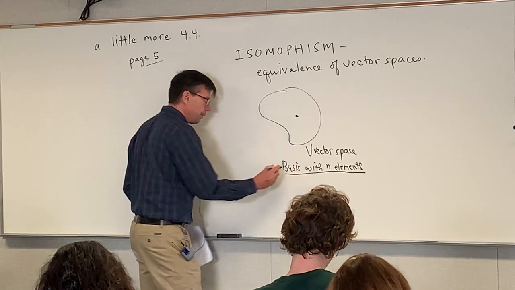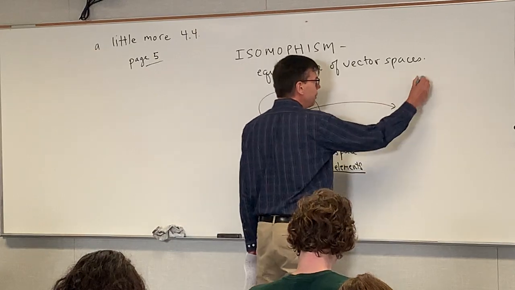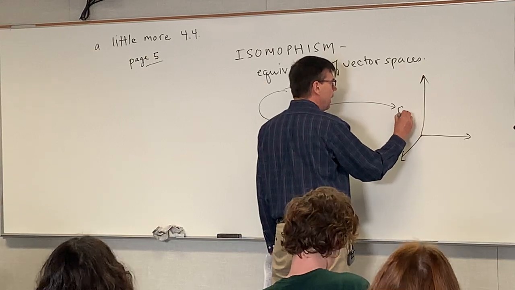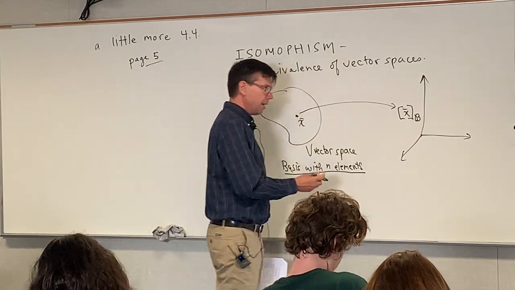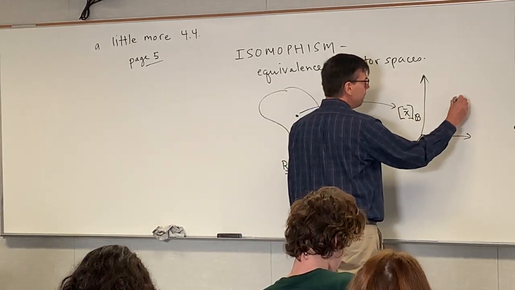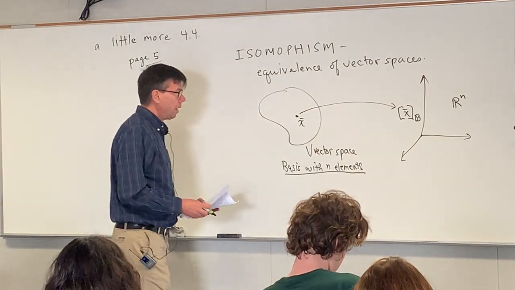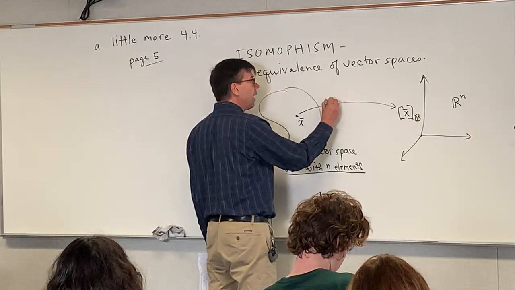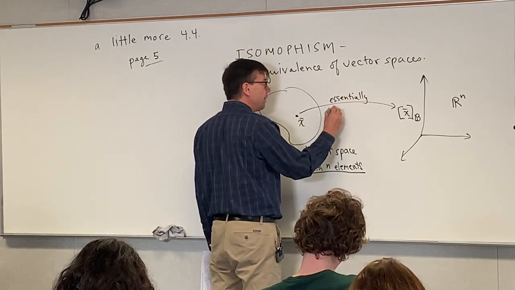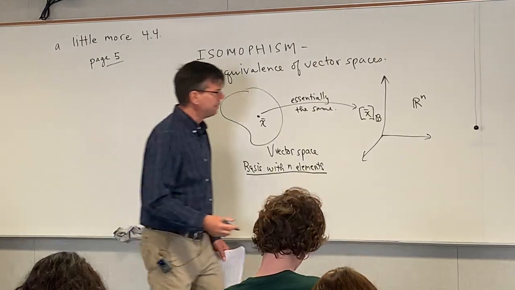So that's crucial for this picture to work. And then you associate to a vector x the b coordinates of x, which is a column vector in Rn. These two are essentially equal or the same. And so what does that mean?